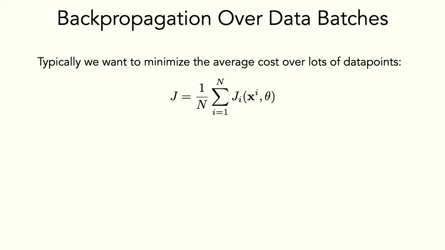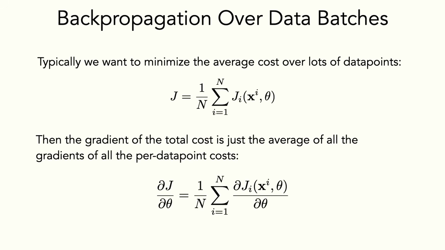Technically, that means we want to minimize the average cost over lots of data points, the entire size of a batch. And in this day and age with very large memory GPUs, that batch size could be thousands of data points at once. Then the gradient of the total cost is just the average of all the gradients of the per data point costs, because when you take a derivative, it can move inside the sum.